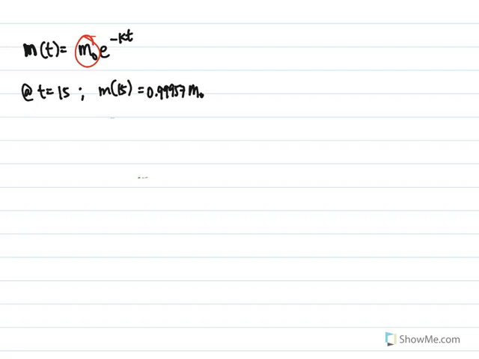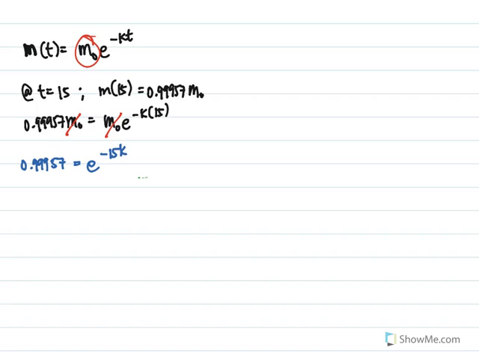Substitute, you'll have 0.99957 m naught is equal to m naught e to the negative k times 15. So we can cancel the m naught on both sides. We now have 0.99957 is equal to e raised to negative 15k.